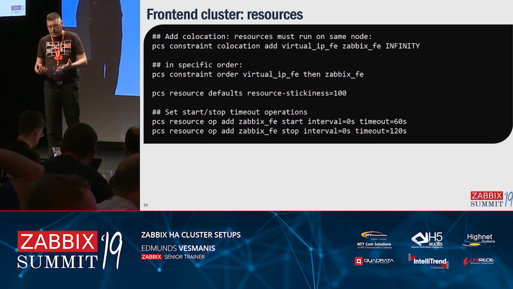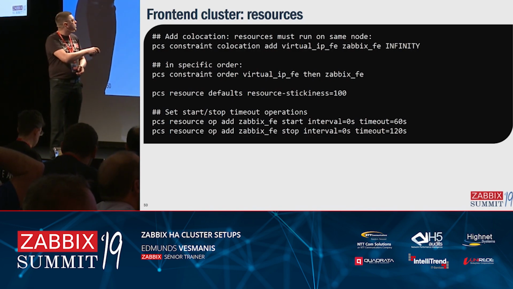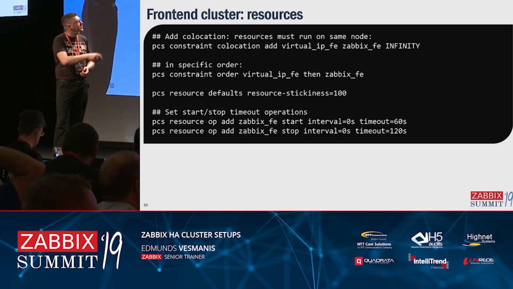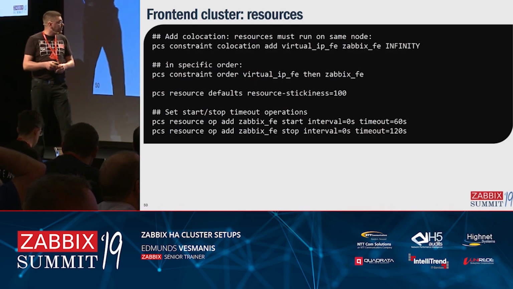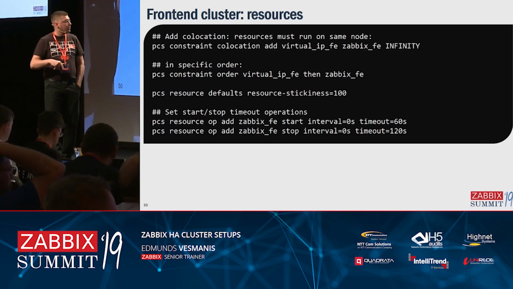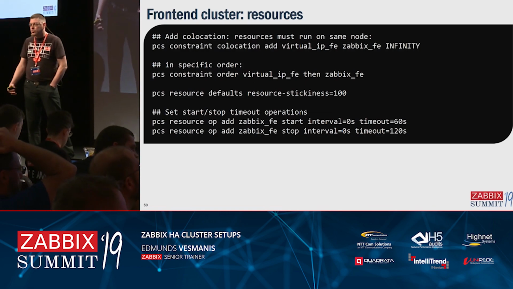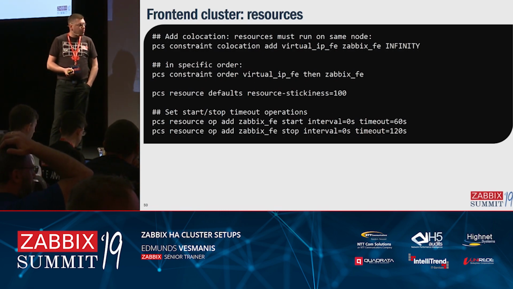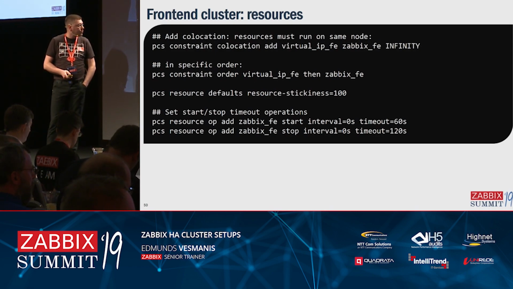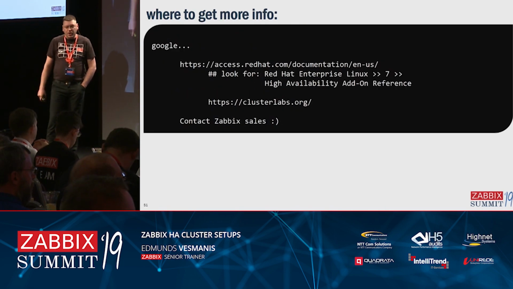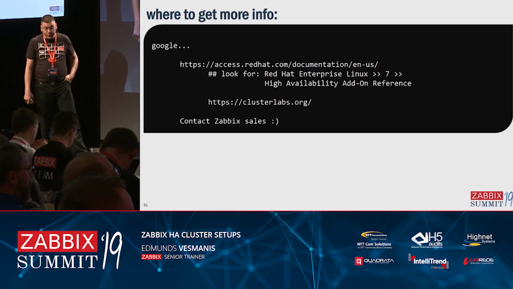And we need to start them, again, in a specific order, so virtual IP first, and then the Zabbix frontend. Resource stickiness, again, if we migrate manually or due to timeouts or network issues, they will stay on that node, and of course, start-stop timeout operations. It's done, and we are ready.